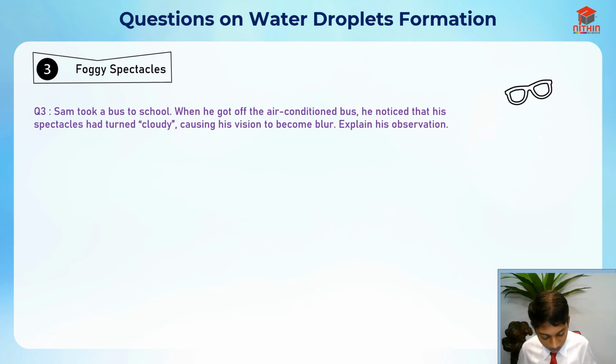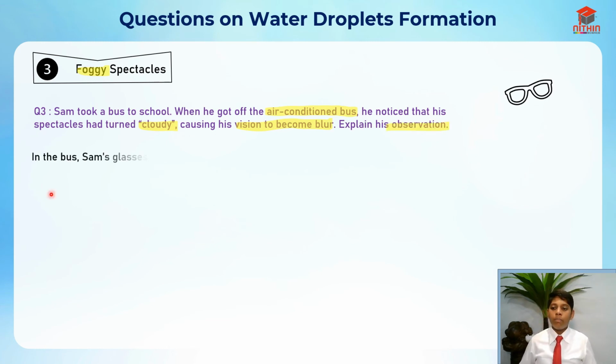Let's just highlight it: air-conditioned bus. They're telling this for a reason, because if not, they will just say normal bus, right? He noticed that his spectacles had turned cloudy or foggy, causing his vision to become blur. So we need to explain his observation.